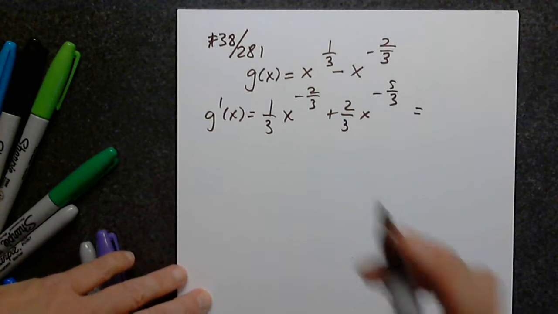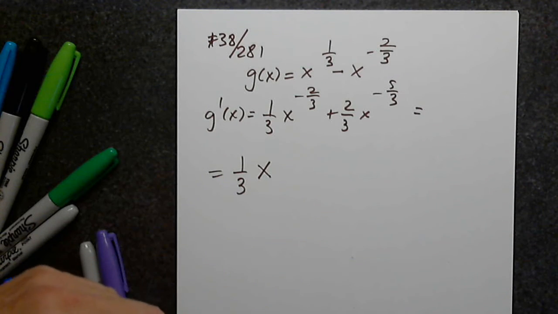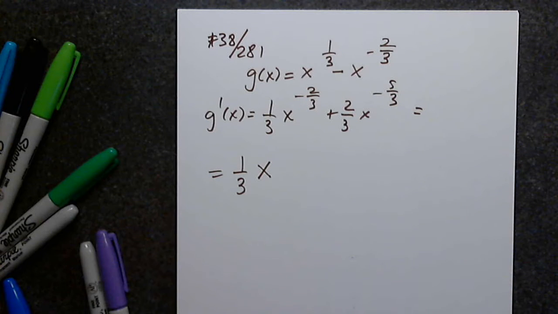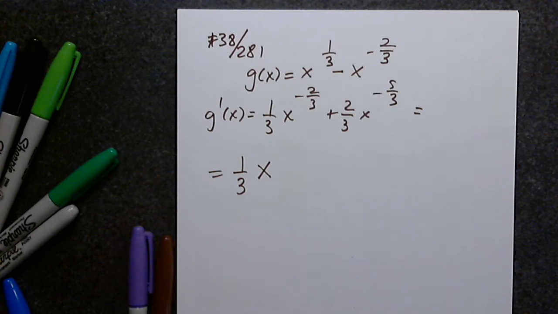Okay, perfect. First of all, I will factor out 1/3, and I will also factor out x to the smallest of the two powers. Is negative 2/3 smaller than negative 5/3, or is negative 5/3 smaller than negative 2/3? That's what I have to pull out.